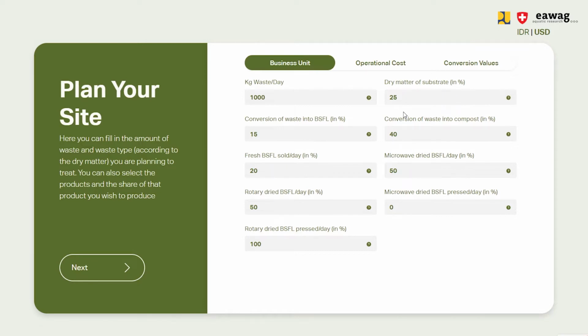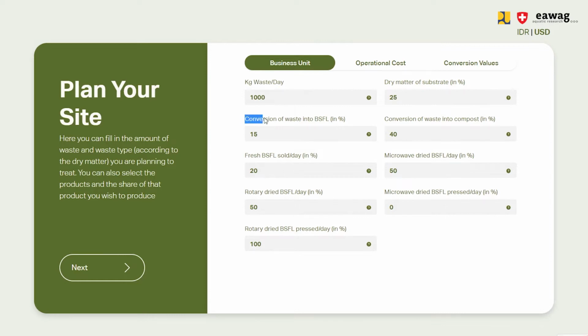But if the water content is too low, the substrate will not be able to be converted by the larvae. The dry matter, which is then the fraction of dry material in the substrate, needs to be at least 20 to 30%. This is the ideal ratio. For now, we have put this value at 25% to be able to give you a good average.